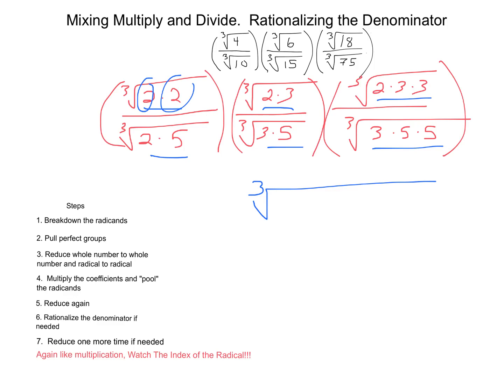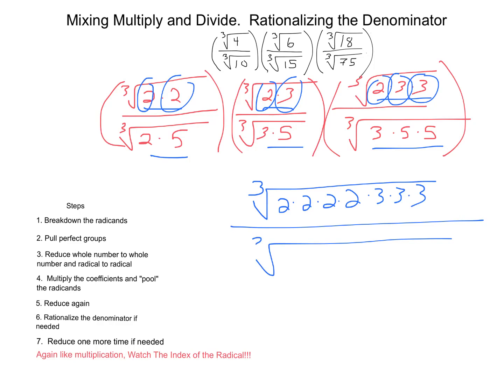I've got 1, 2, 3, 4 2s, and I've got 1, 2, 3 3s. 3 over cube root of 2 times 3 and 3 and 5, 5, 5, and 5.